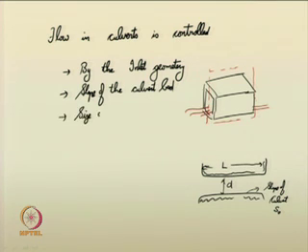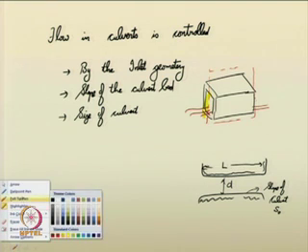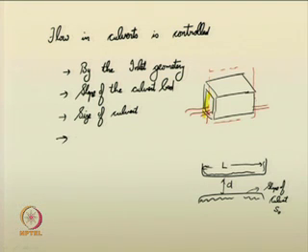Size of culvert. So, what is the size of this opening given here? The opening given around these portions, what is the size? That is also quite important. Then you have another important thing, the approach condition.